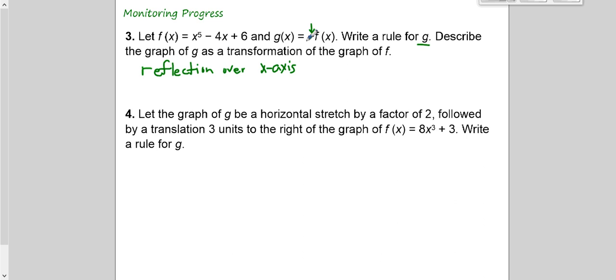All right, so that means we have to multiply the entire function by negative. So negative, copy the function. Simplify it. So you're distributing the negative. It's going to change all the signs to their opposite.